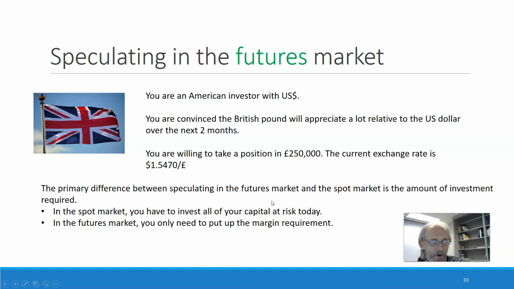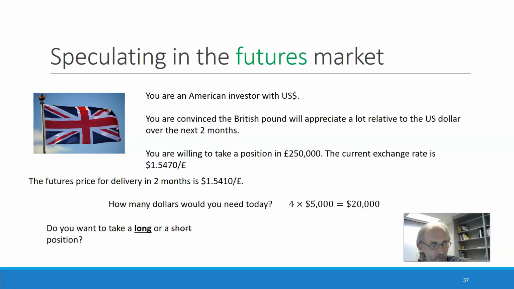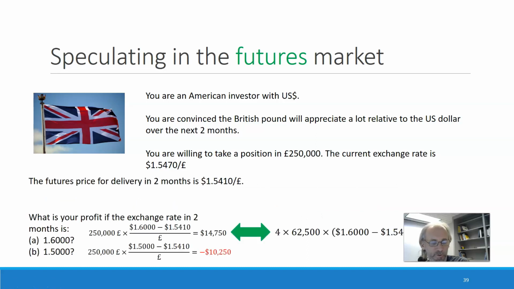Right? So because it's so much cheaper to start these positions with the futures contract, they offer a lot more potential to gain. Now also remember, they offer a lot more to lose. So in this case where we lost 10,000, we've lost more than half of our money. All right, we put in 20,000 to start, and we ended up with only just over 10,000.